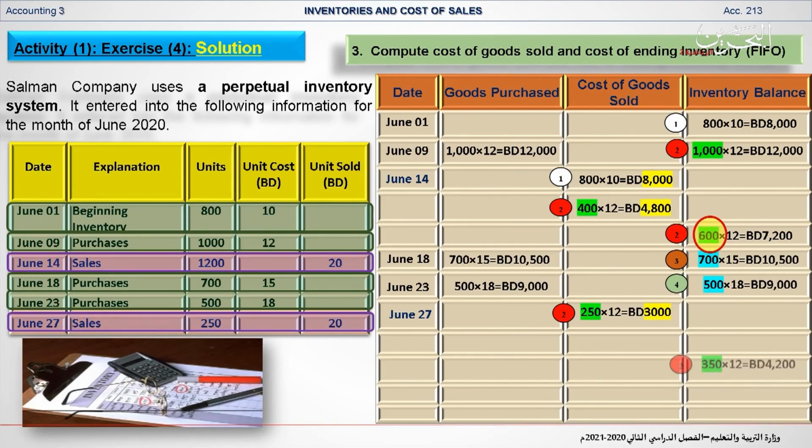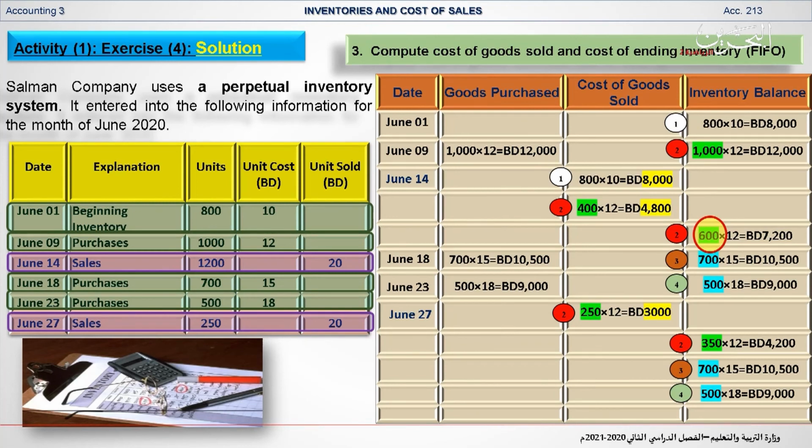Next, you need to update the inventory balance cost. The company has 350 units remaining in inventory from purchase on 9th of June and 700 units from purchase on 18th of June and 500 units from purchase on 23rd of June.